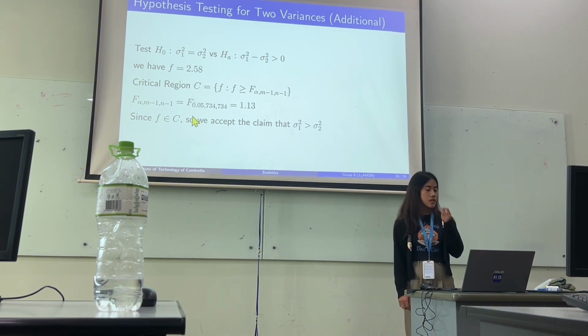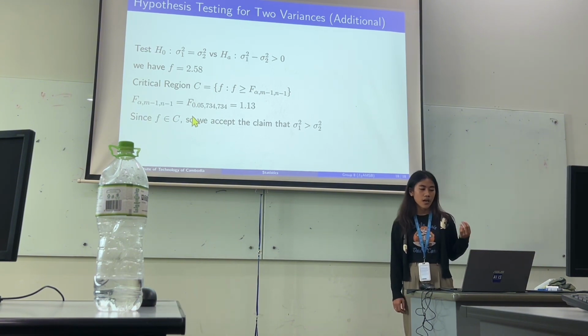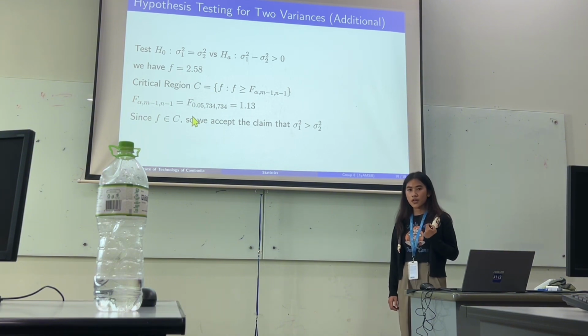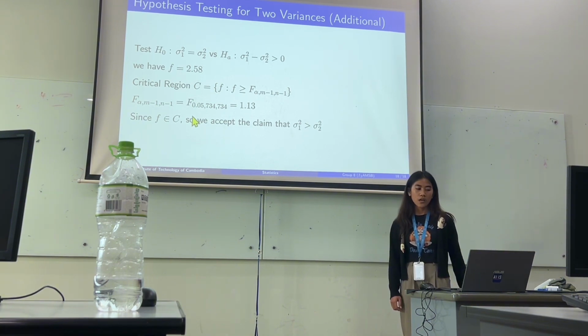And we do it just the same as the hypothesis testing for two means. We test H0: sigma 1 squared is equal to sigma 2 squared versus the alternative hypothesis that sigma 1 squared minus sigma 2 squared is greater than 0. For this part, we don't know yet whether sigma 1 squared or sigma 2 squared is bigger.